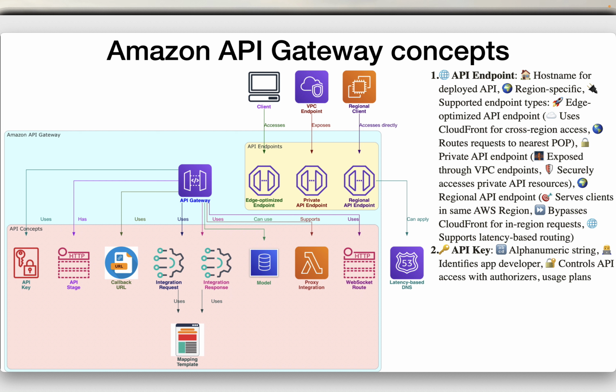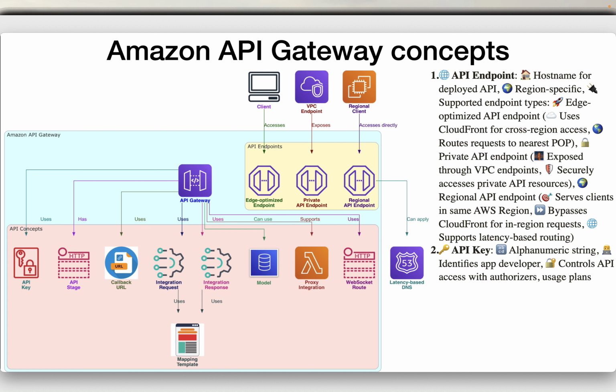This is basically to make sure only authorized people can call. Let's say you have an application which calls your APIs, so the application will have that key. Otherwise anybody can call and overwhelm your system or create a distributed denial of service attack. So this API key basically guards against that kind of situation.